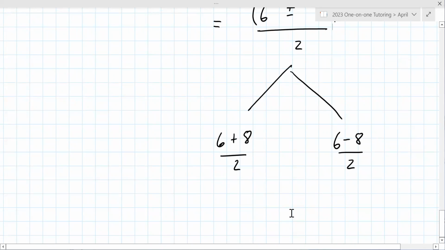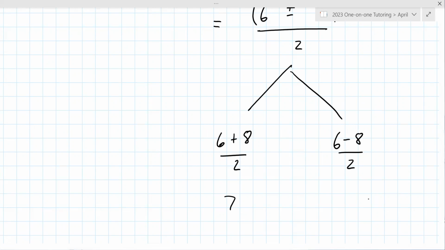Oh, yeah. Wait. The left one is 7. Okay. Wait, what did I just do? Take your time. My phone's being weird.